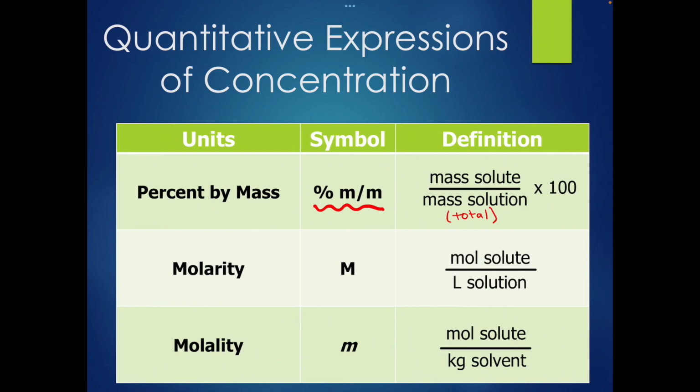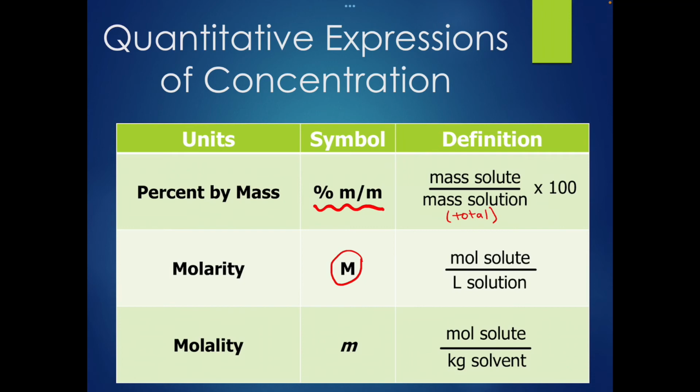The second type of quantitative expression will be molarity. Our unit for molarity is this capital M, and make sure it's capitalized. Molarity is going to be used throughout the rest of the course, so make sure you are really solid on how to calculate the molarity of something.